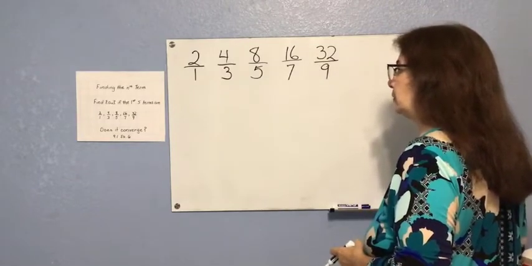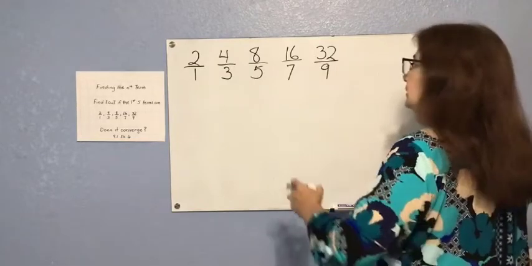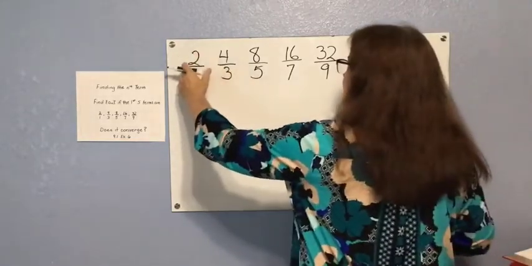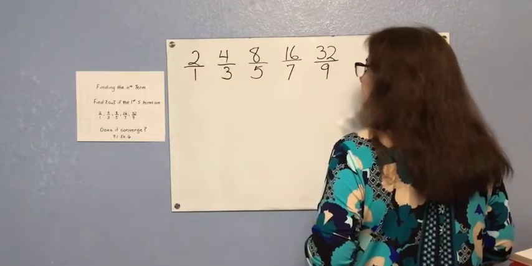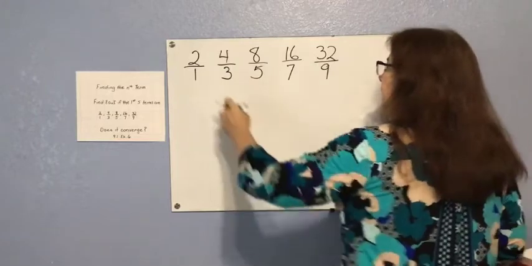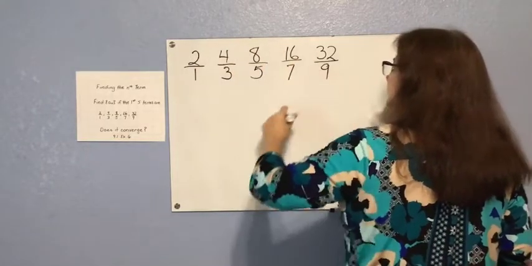When we're working on a rule, we want to try to always have a sub 1 be involved in our rule. So looking at the numerators here, I see that these are all powers of 2.